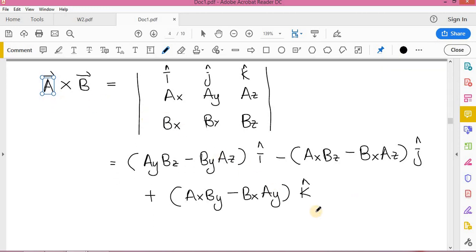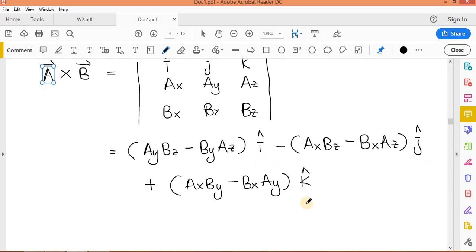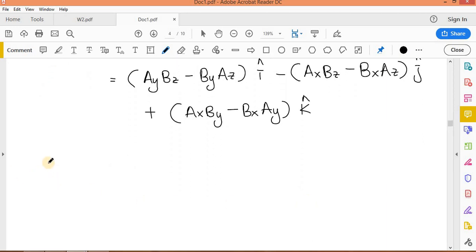So this is how you solve the cross product. At the end of the solution, you will find that your answer is actually a vector quantity. Just now the dot product was a scalar quantity, right? For this case, it is a vector quantity. You have i, j, k components. Let's try to practice it on one example.